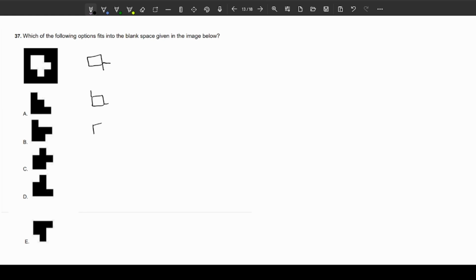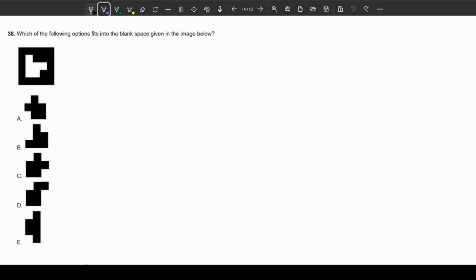Similarly, this square is like this. This square seems to match. It has 2 corners. However, let's go ahead and see the next options as well. So only figure C can fit into this diagram. Let's go over the next question.